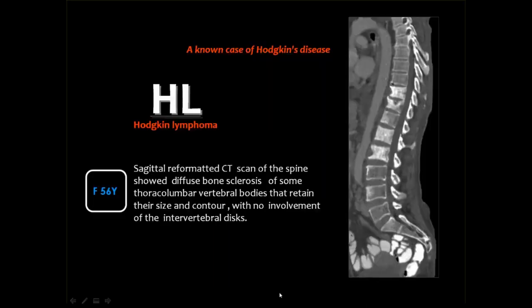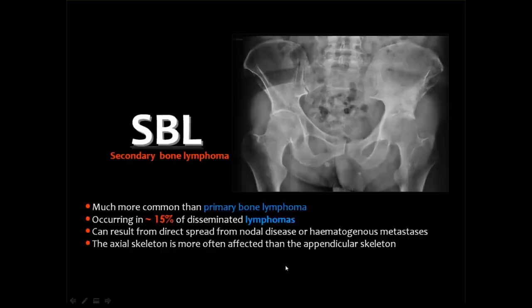And here you can see multiple sclerotic lesions in this sagittal reformatted CT scan of the dorsolumbar spine. And for these vertebrae, the differential diagnosis may include lymphoma and metastasis. And because of the clinical data of Hodgkin disease, then you know that this is lymphoma.